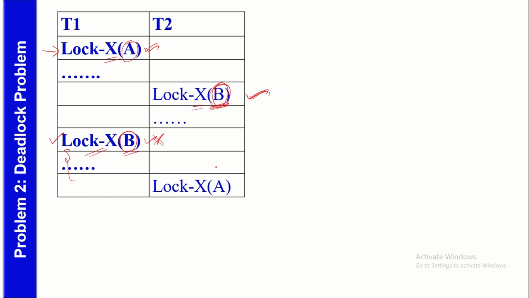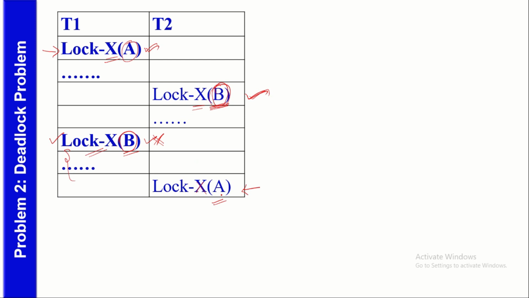Meanwhile, T2 would like to perform read and write operations on A. So it also makes a lock request in exclusive mode on A. Now also this request will not be granted, because T1 is already holding an exclusive lock on the same data item A. X and X are in conflict, right?